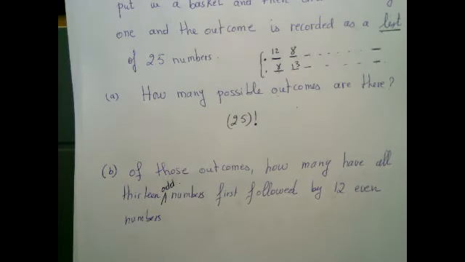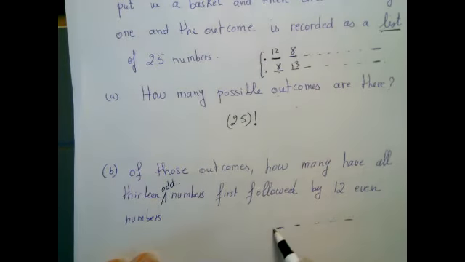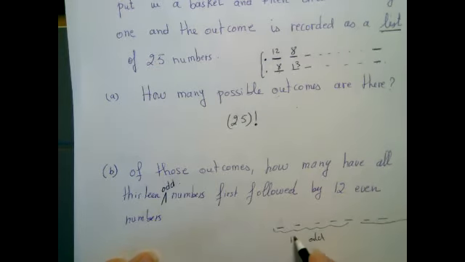So I give you 2 minutes to do that. So we have tons of outcomes. Of all those, how many have the first 13 odd and then the 12 even?